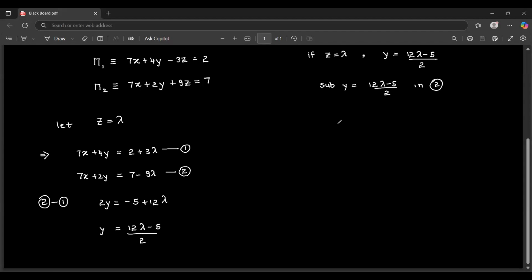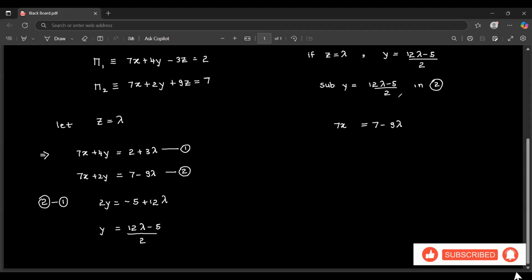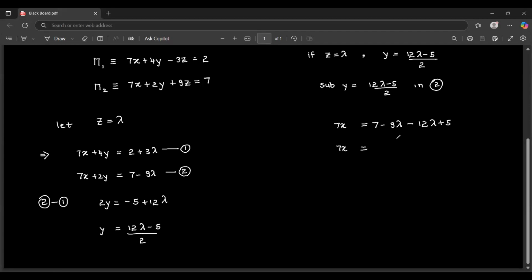So second equation will be 7x equals 7 minus 9 lambda. Actually, since we are multiplying by 2, it will be minus 12 lambda plus 5, because 2y is coming this side. So 7x can be given as 12 minus 21 lambda. So x will be equal to 12 minus 21 lambda over 3.